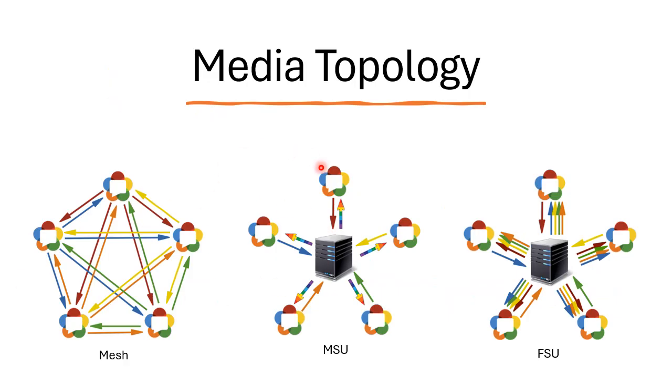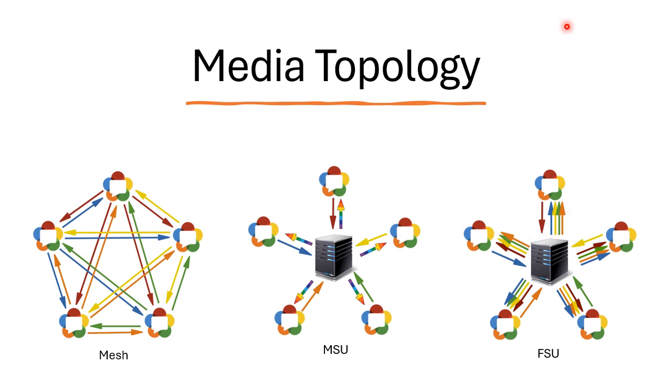What are the media topologies that WebRTC may use? You can see three topologies. First, mesh: every participant sends their audio or video directly to each other. Second, MCU: a central multipoint control unit receives all streams, decodes, mixes, and re-encodes them into one composite stream per user.